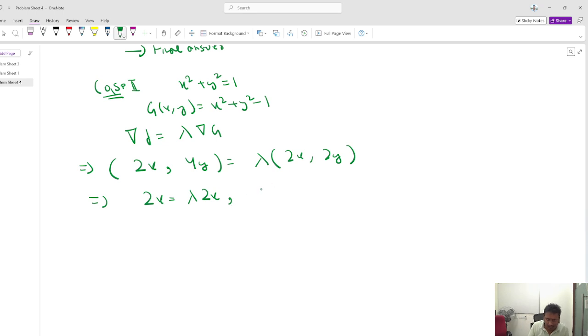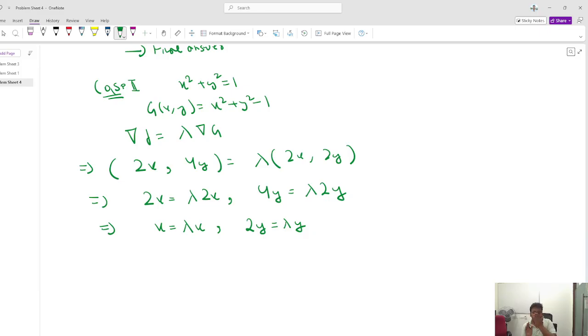Now, and what else you have? This 4y is equal to lambda into 2y. So what you have here is x equal to lambda x and y equal to, sorry, 2y is equal to lambda y.